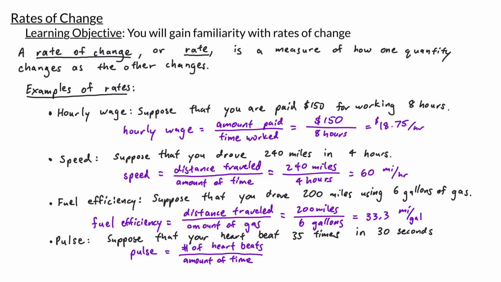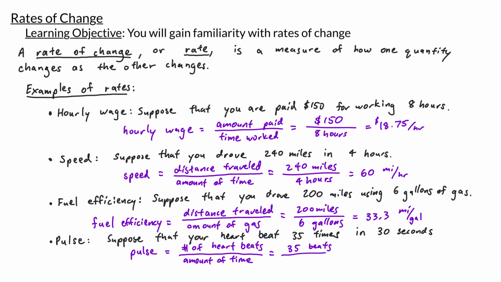Again, to calculate this rate, all we have to do is divide our two relevant quantities. We're going to take the number of heartbeats and divide it by the amount of time it took. So in this situation, we have 35 heartbeats. Now, since pulse is usually measured in terms of beats per minute, let's write down our time in terms of minutes rather than seconds.